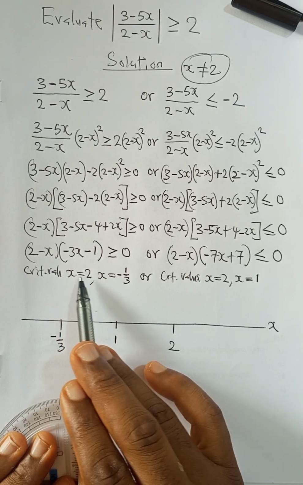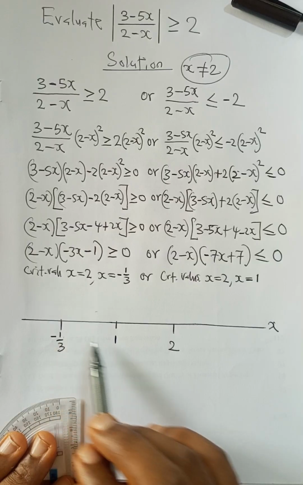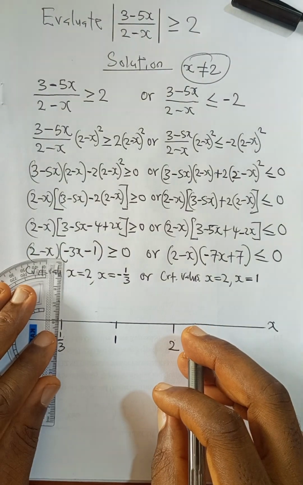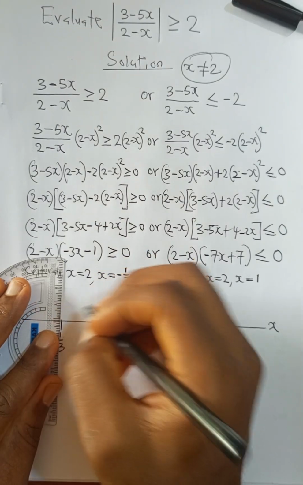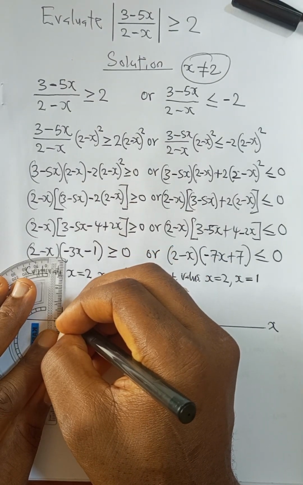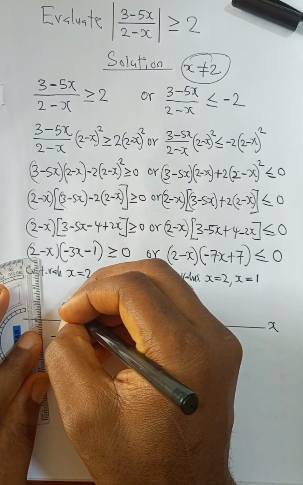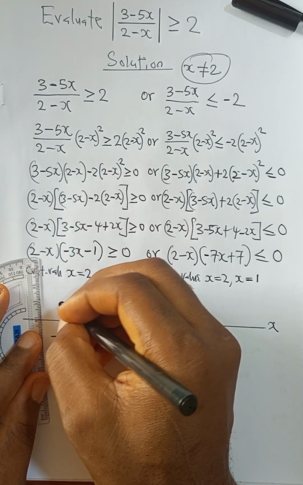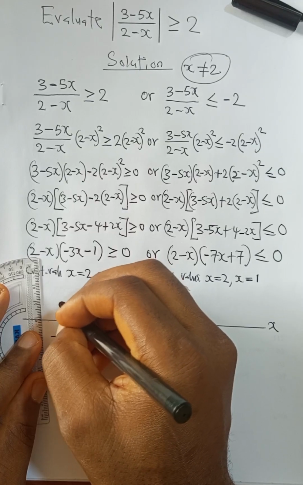Let's represent this 2 and minus 1 over 3. That is this and this. When you move from 1 over 3, you can shade it. If you stop here now, you can shade, because we know that S is also equal to minus 1 over 3.